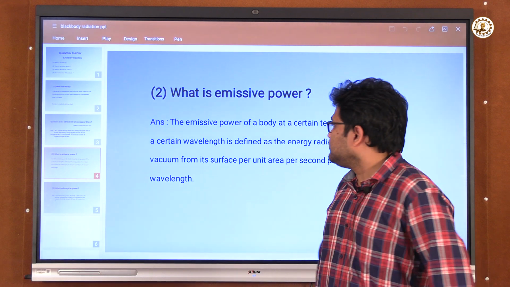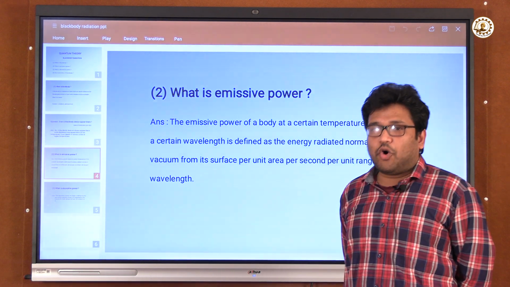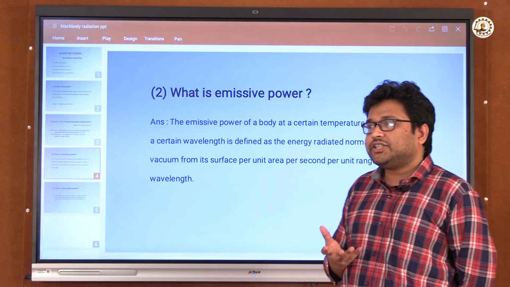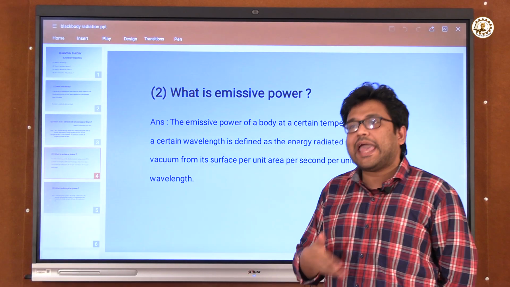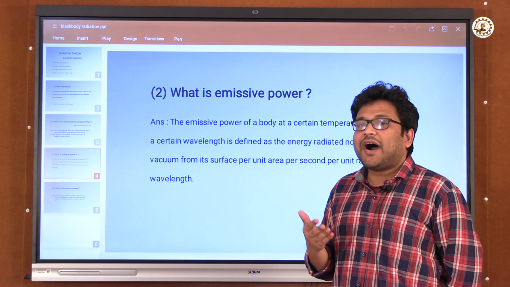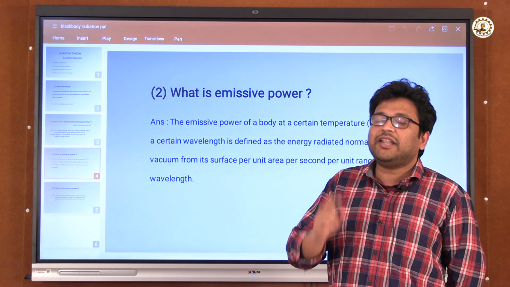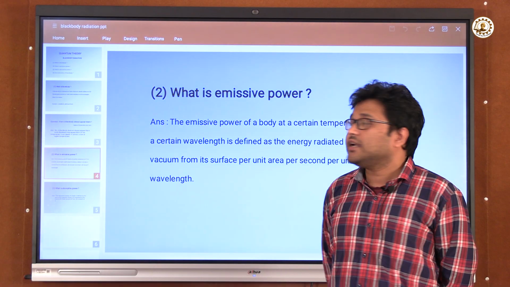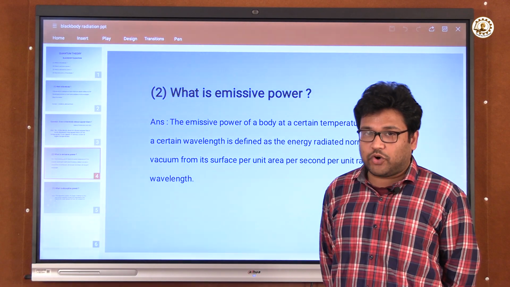That means the amount of radiation emitted from the surface of a body per unit area per second per unit wavelength range normally to the vacuum is defined as the emissive power of that body.